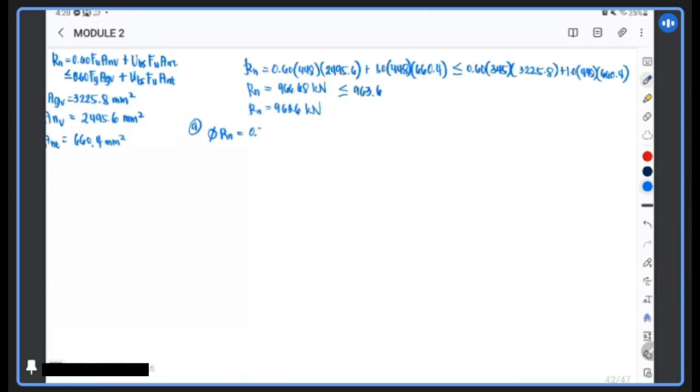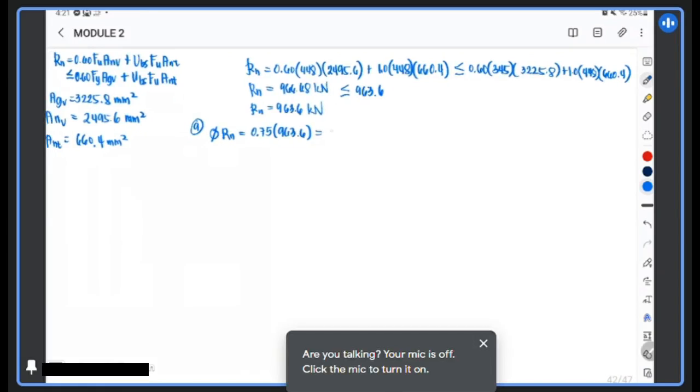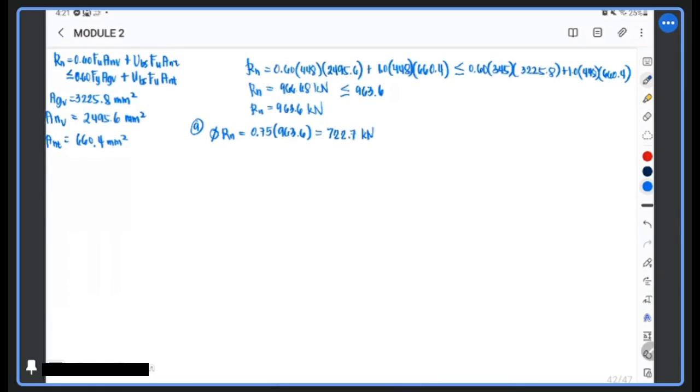In LRFD, it is 0.75 of our Rn, of 963.6. Nililimit ng ating code na 0.75 lang ang capacity ng ating section for block shear in LRFD. That is 722.7 kilonewton.